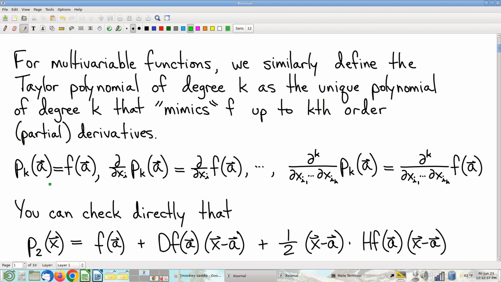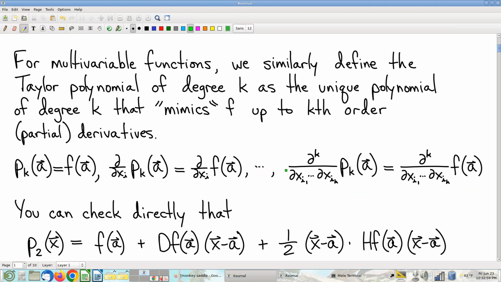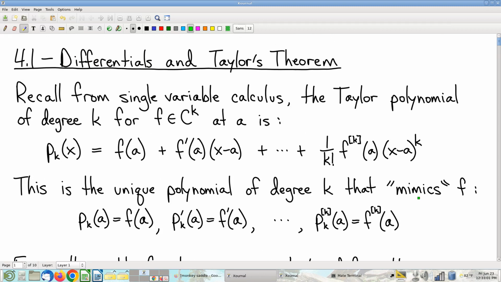But in terms of first derivatives, there are actually several first derivatives that p has to mimic. And then even more second partials, even more third partials, all the way out to and including all of the kth order partials. So all this is just copycatting what we did in single variable. We're just mimicking the function in terms of values and derivatives as much as we possibly can. That's all a Taylor polynomial is.